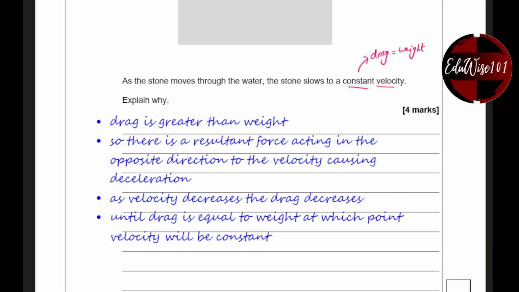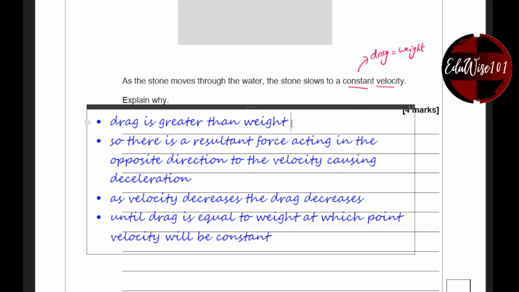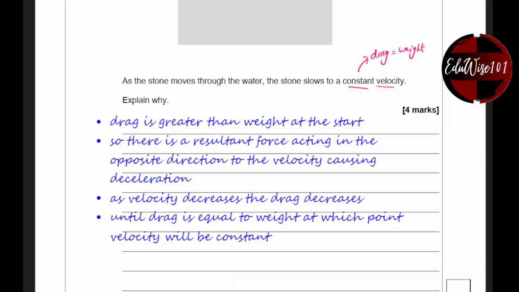So there's a resultant force acting in the opposite direction to the velocity, causing a deceleration. As velocity decreases, the drag also decreases until the drag is equal to the weight, at which point the velocity will be constant.